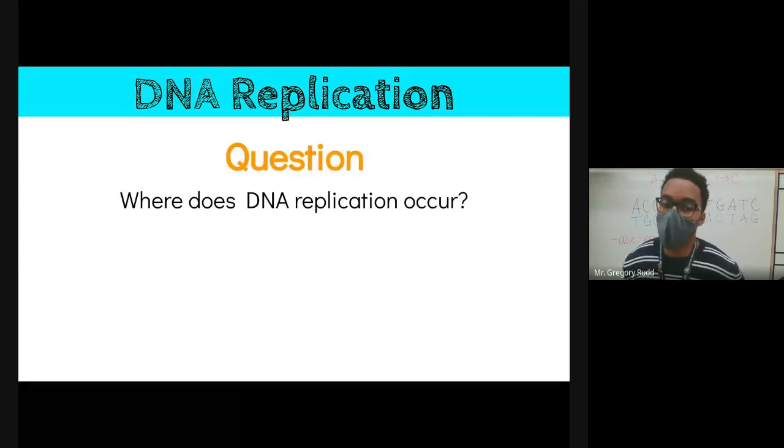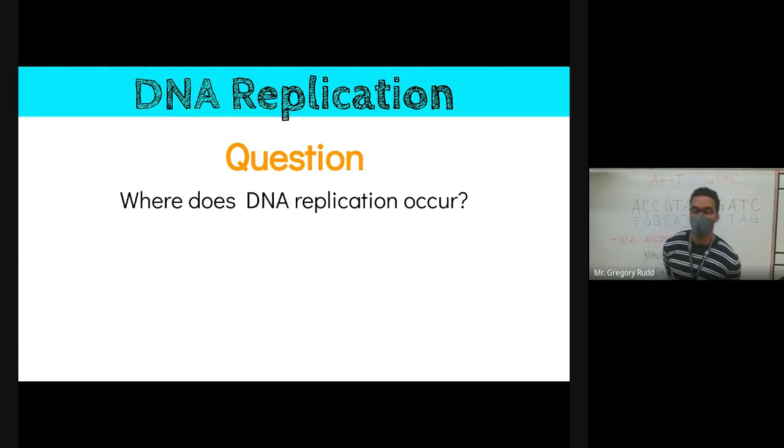And one more question, where does DNA replication occur? So we now know why it occurs. Janelle told us that we have to maintain the number of chromosomes, but where does this process happen? What do we think? Excellent, thank you, Abigail.